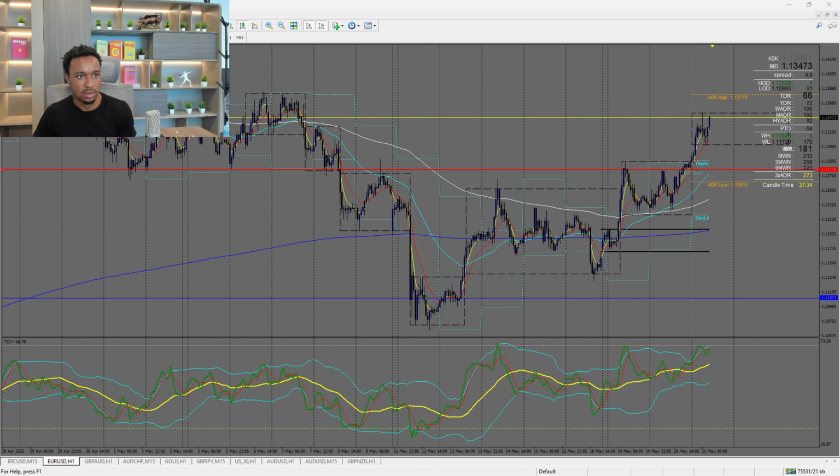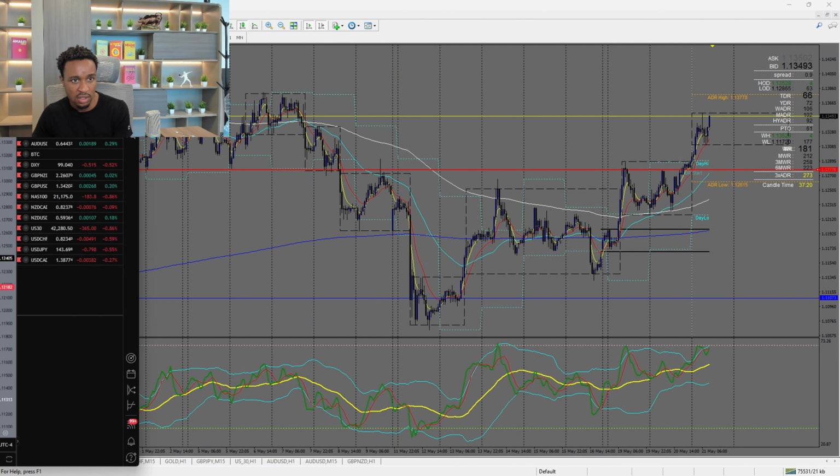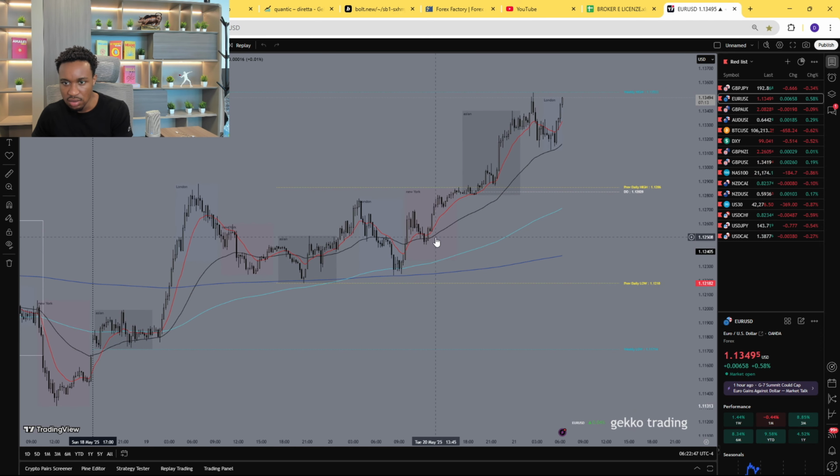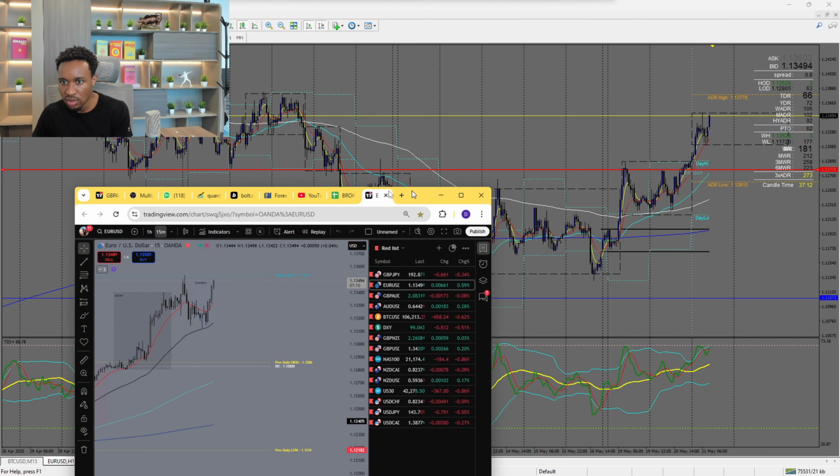Let me also open it on TradingView. I like to use both. There are certain things that I like on TradingView and certain things that I like on MetaTrader as well. Let me do this real quick for you guys, so that we can see. I think the week started, let me look at this.